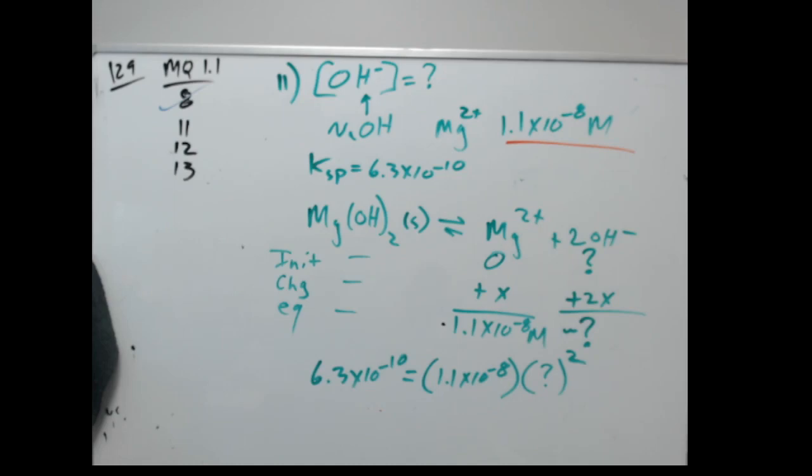Does the nitrate matter in this equilibrium? Well, no, but I was just curious. When you say you're trying to get the magnesium to be less than 1.1, you're assuming there's also extra nitrate. Yeah, there's bunches of nitrate in there, but it's only the ones that are in solution that matter.